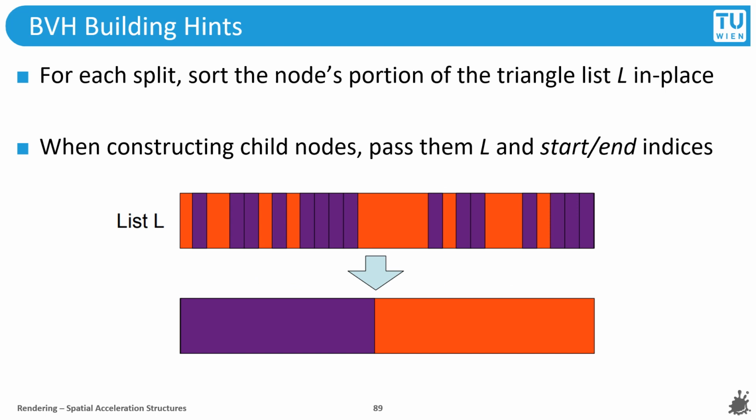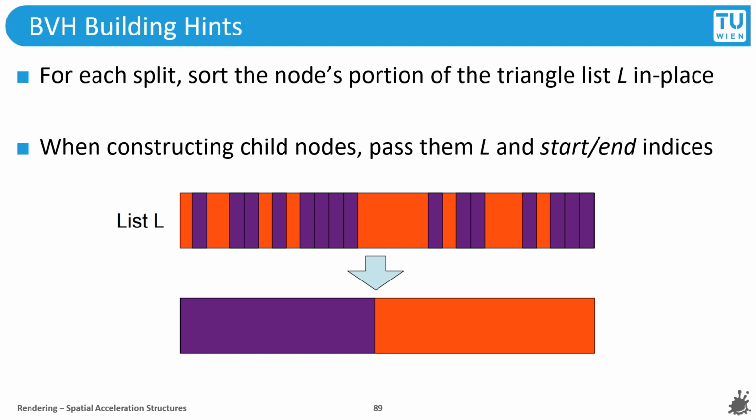And that means when we start out with the full list of triangles for the initial root node, we will find some of them that will go into child node A and some of them that will go into child node B. And those two sets are exclusive, meaning that once they are sorted, there is no need for any process that is working on the child group B to touch any of the triangles in child group A.